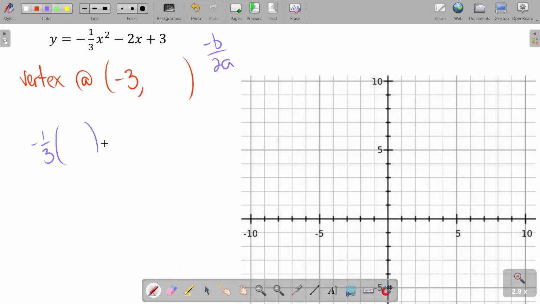So we have negative 1/3 parentheses squared minus 2 parentheses plus 3. What's going in the parentheses? I know you can tell me this, so don't answer. Someone with a new voice, what is the answer to the green box?